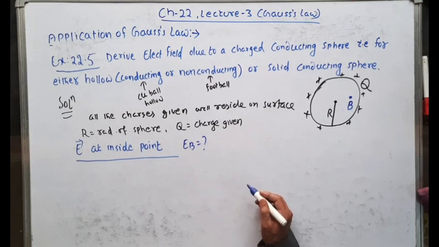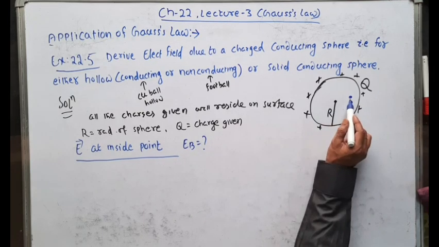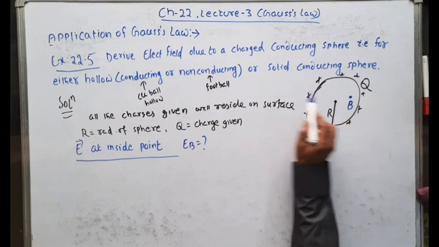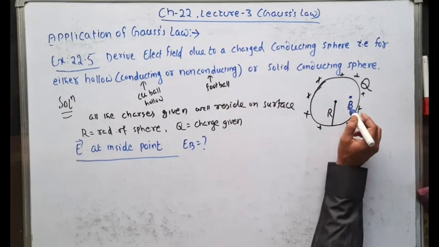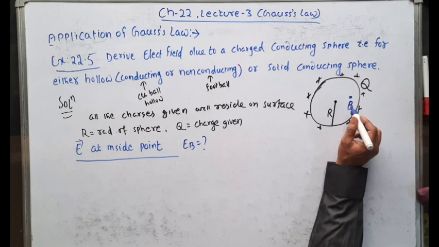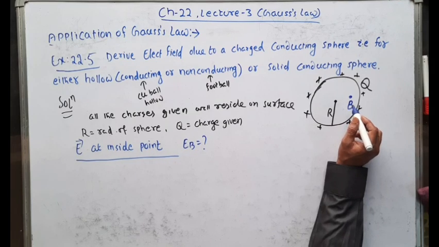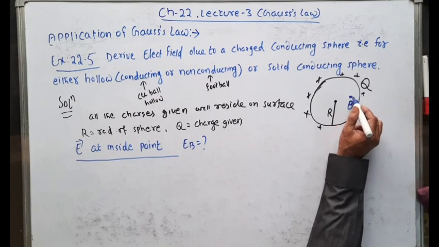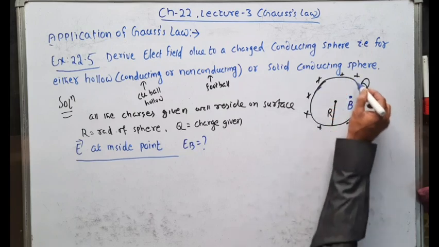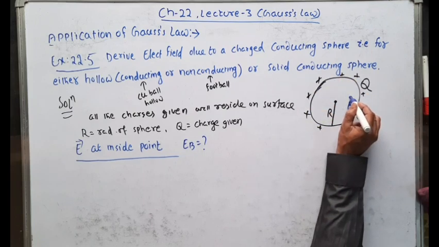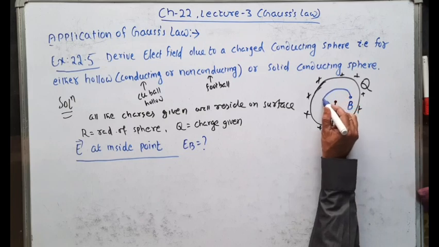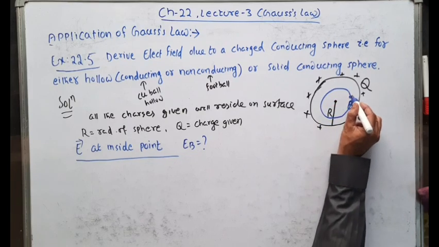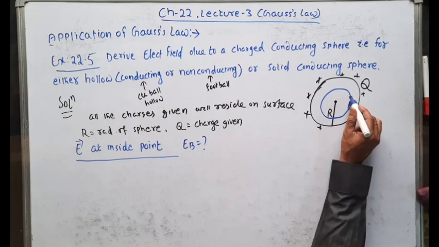To find the electric field intensity at any point, we will apply Gauss law. To apply Gauss law, we have to take a Gaussian surface. According to the symmetry of the charge distribution, a Gaussian sphere will suit.